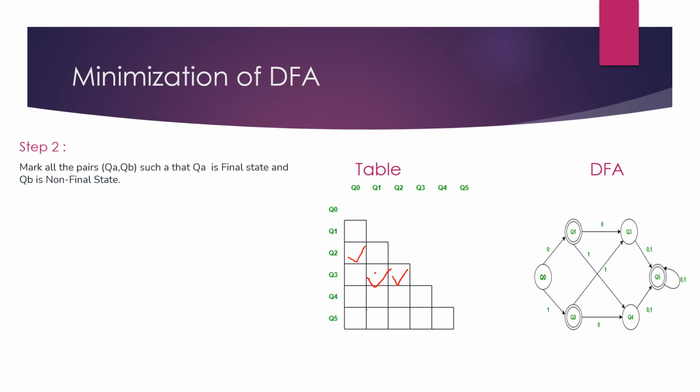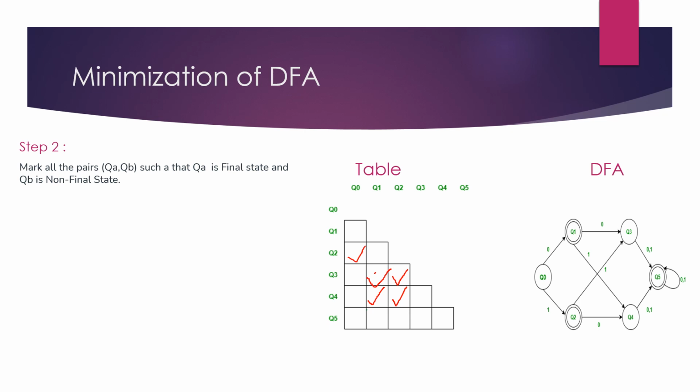Q4 is intermediate and Q0 is initial, so we are not going to mark this pair. Next, Q4, Q1: these are in the opposite condition, so we mark it. Q4, Q2: this is also different, so we will mark it. Q4, Q3: these are in the same intermediate condition, so we are not going to mark this.